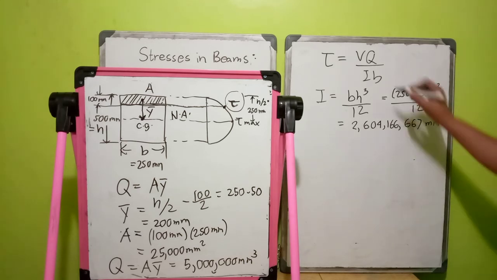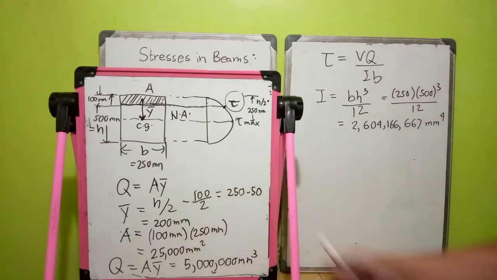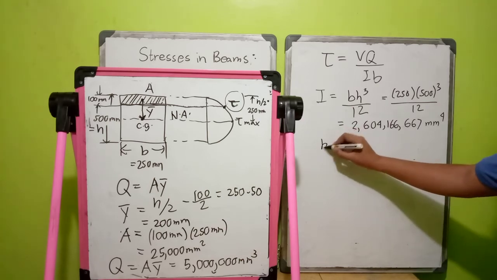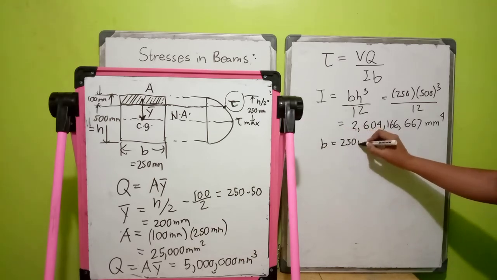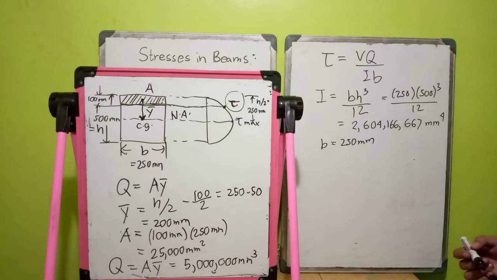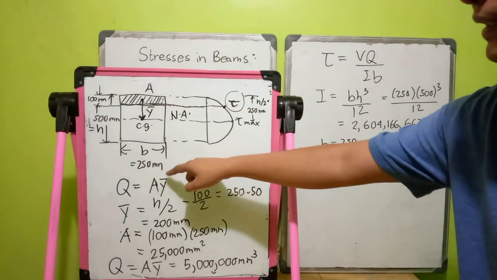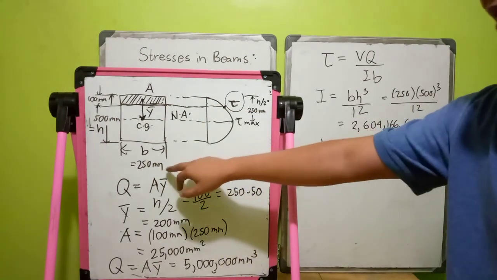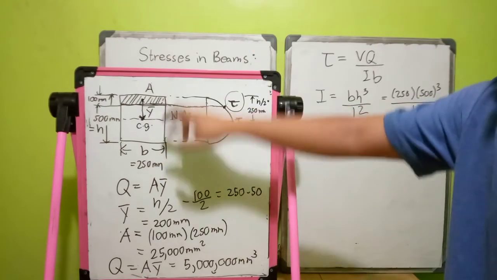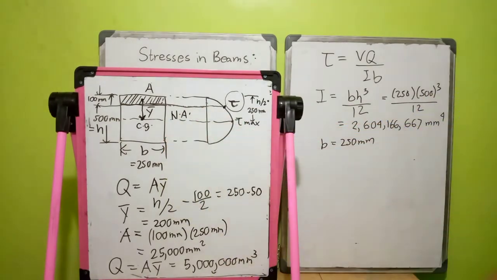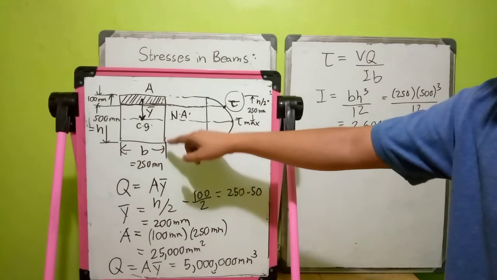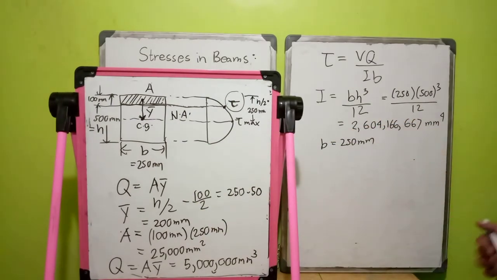From this figure, we know that b is 250. Since it is a rectangle, it has constant b throughout. So your b is 250 mm.